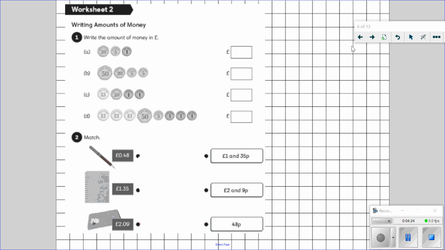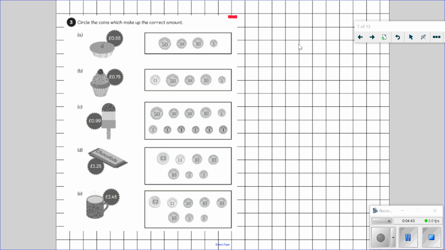So here is the worksheet, very like the guided practice. In question 1, you are writing the amount of money in pounds and pence. And in question 2, you need to match the items to the descriptions. And in question 3, you need to circle the coins that make up the correct amount.